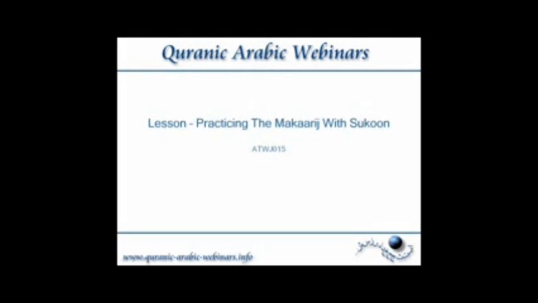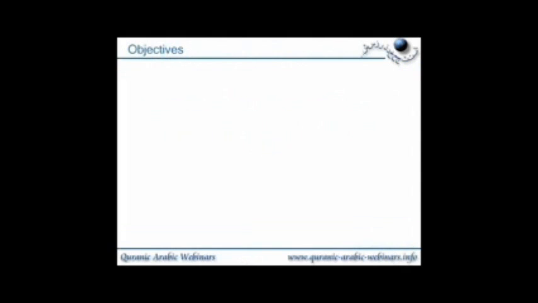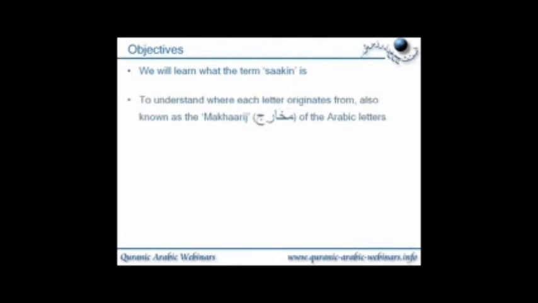This lesson is practicing the makharij with sukun. Objectives. We will learn what the term sakin means, and we will understand where each letter originates from, also known as the makharij of the Arabic letters.